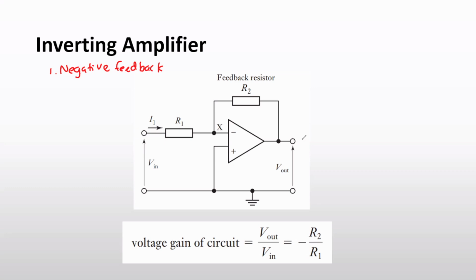V out is the voltage that we can get from here. In the inverting amplifier, you can see the negative feedback, and the input is given in from which? Minus 1.